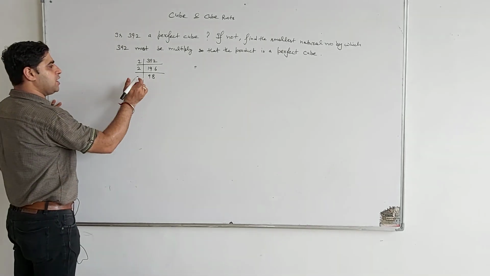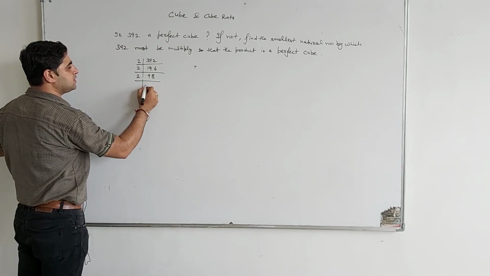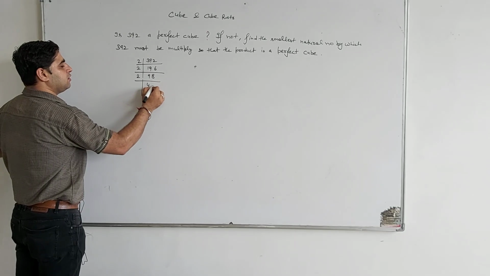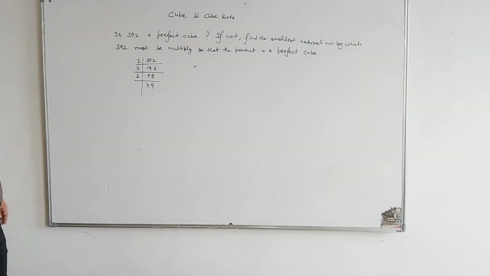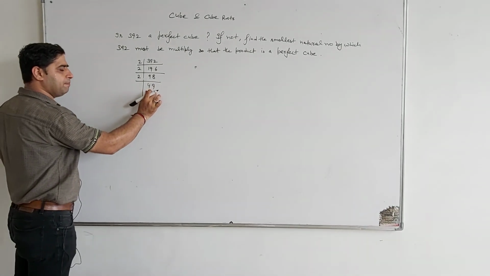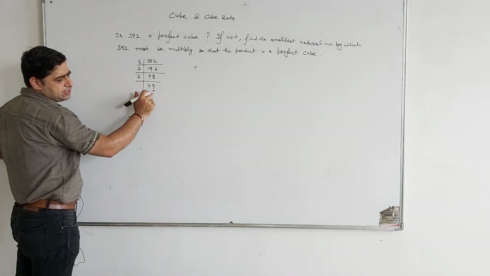Again, 2 fours are 8, 9. So 49 comes out. So it is not divisible by 2.